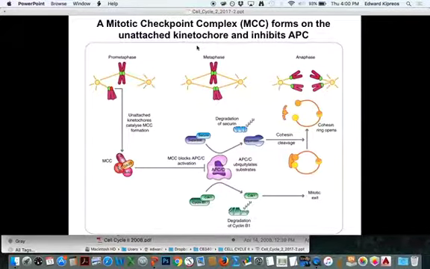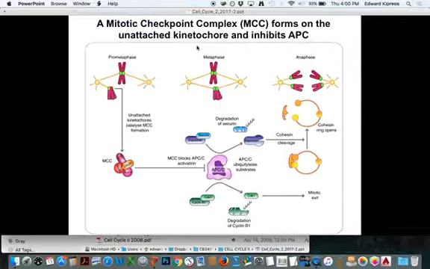All right. So this is what's actually happening in this checkpoint, and you're making something called the mitotic checkpoint complex, MCC. This thing is going to form at unattached kinetochores, and what it does is it's going to inhibit APC. So unattached kinetochores are like an assembly point for making this structure.